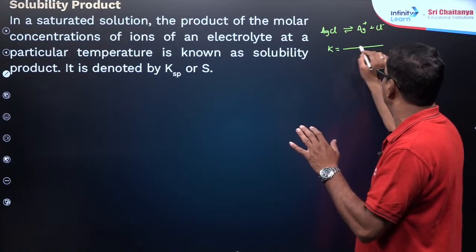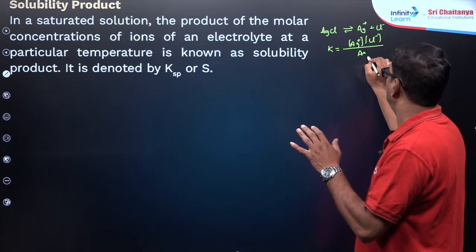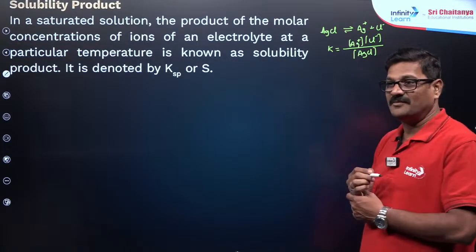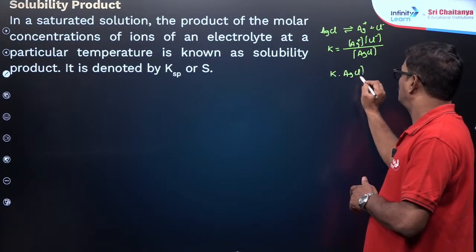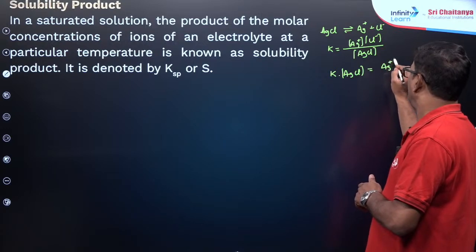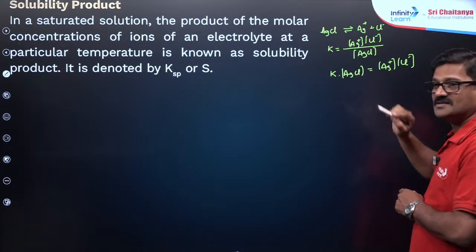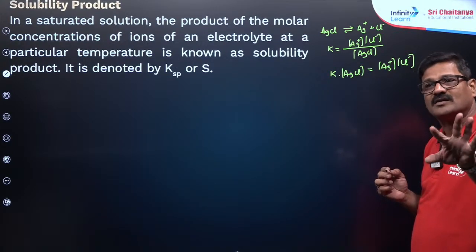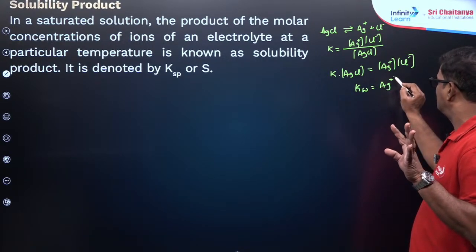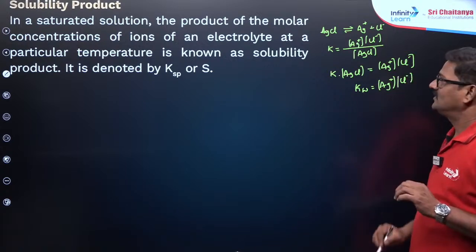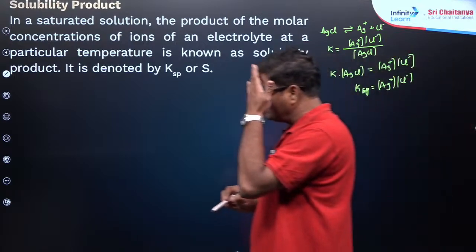K is equal to Ag plus and Cl minus over AgCl. ये भी कांस्टेंट होता है. कांस्टेंट multiplied with another constant, both together give Ksp, that is Ag plus and Cl minus. So it is known as Ksp, solubility product.